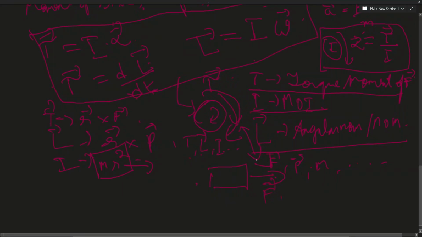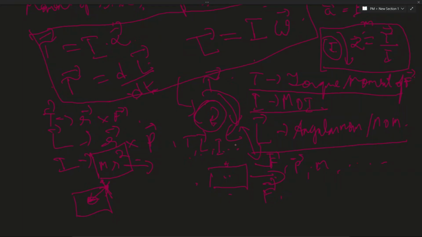The reason for this difference is the dependence of the rotational motion on the point of application of force with respect to the axis of rotation. It's this distance that is causing all this difference. So in the next video, we will try to gain a clear understanding of torque, moment of inertia and angular momentum. See you there.